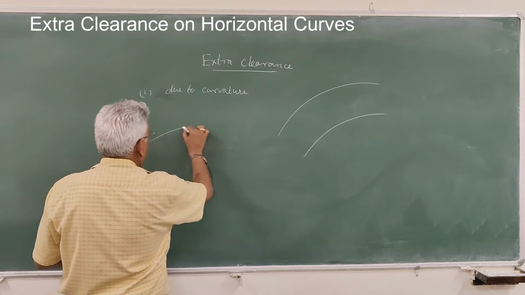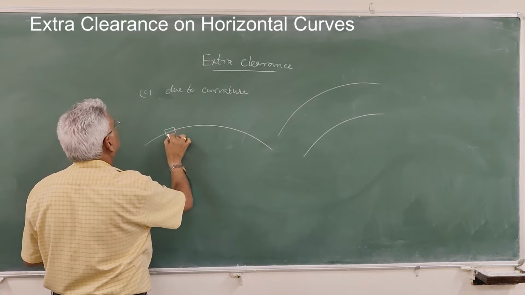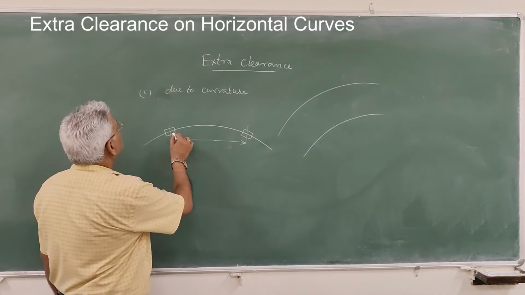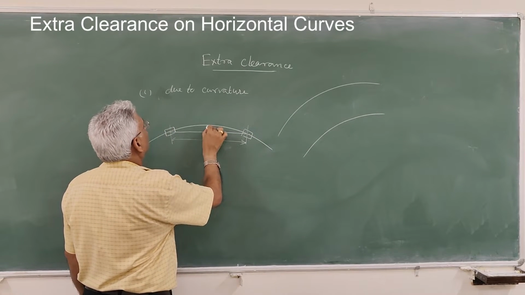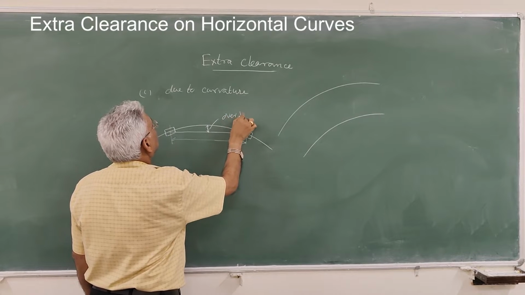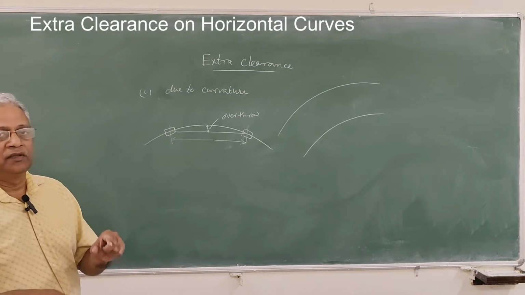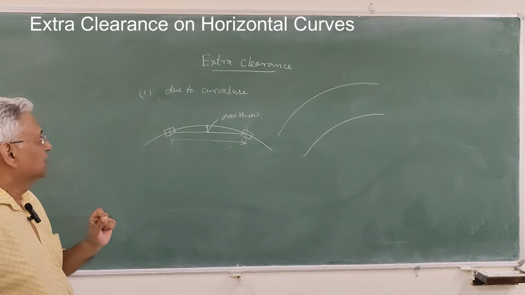When the bogie is in this position, with the rear wheel and the front wheel of the bogie, this is what is called the overthrow. And it is because of the rigidity of the structure of the body of the bogie.